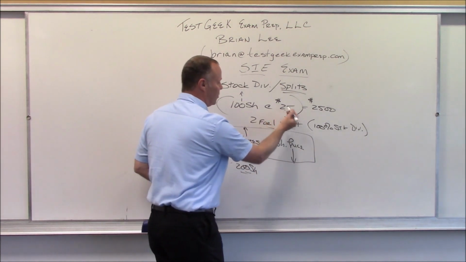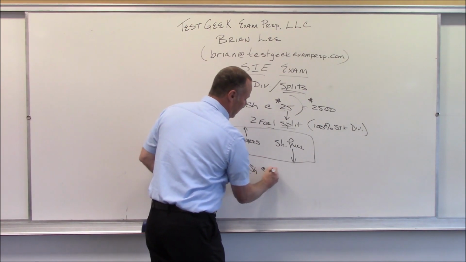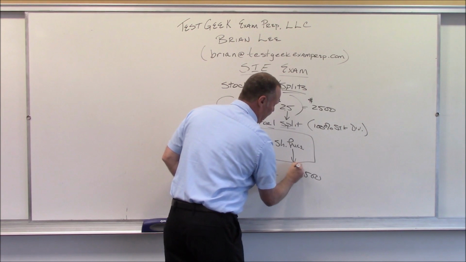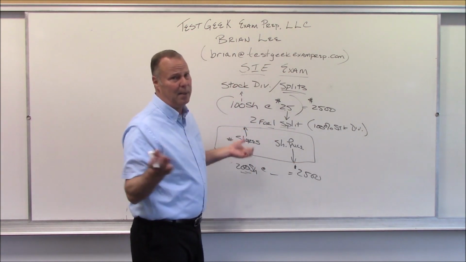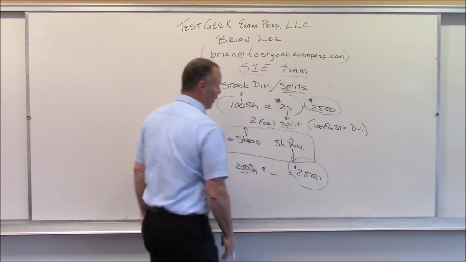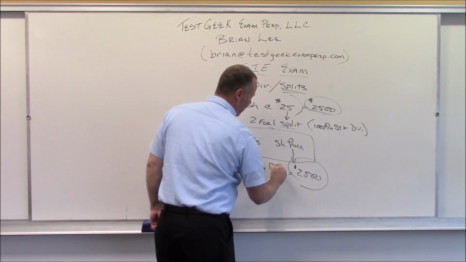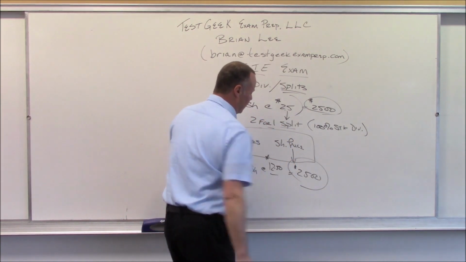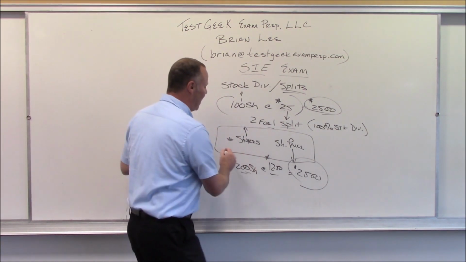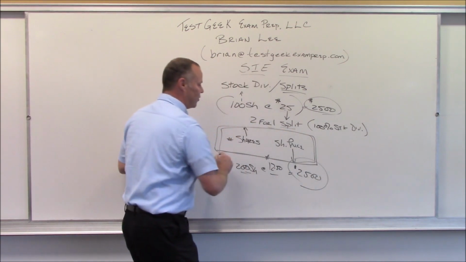And the stock price adjusts so that now, it still has to equal the original $2,500. That's really the key mathematically to it. Whatever value you start with, you have to end with. So you can just do the quick math, and it's $12.50 per share. Okay? But again, generally, you're not going to have to do the math as long as you remember this.